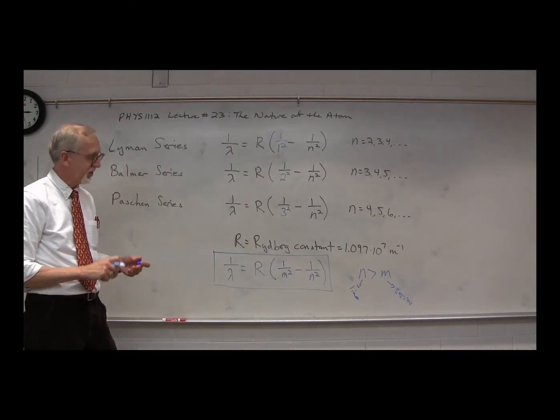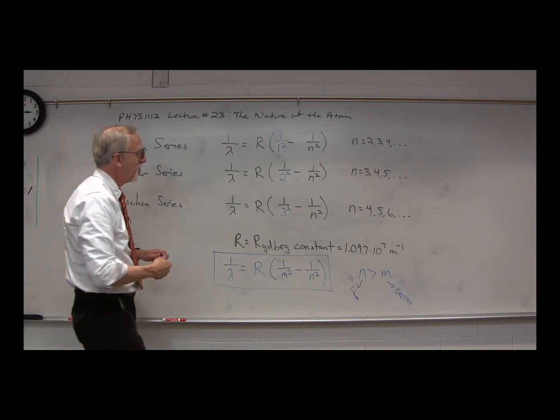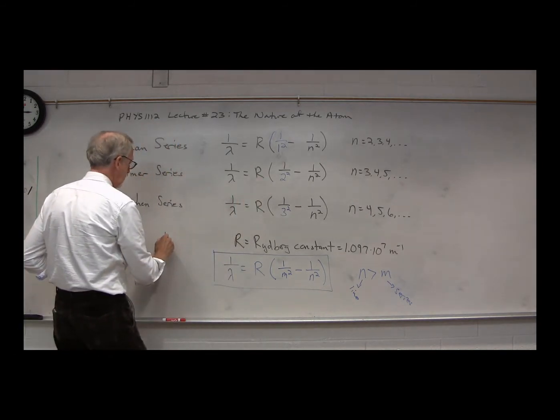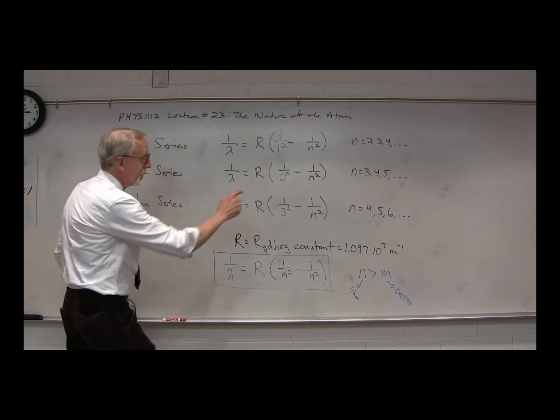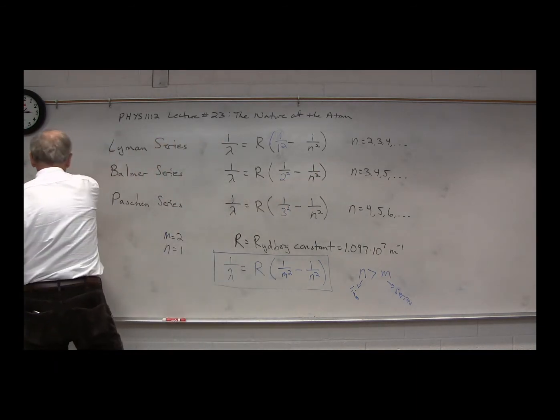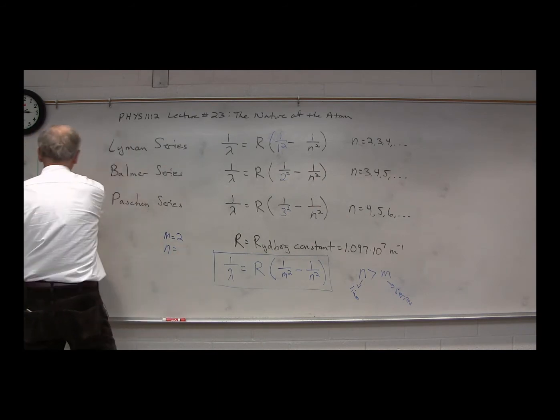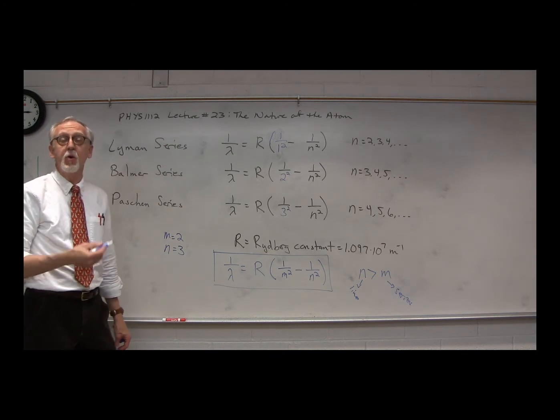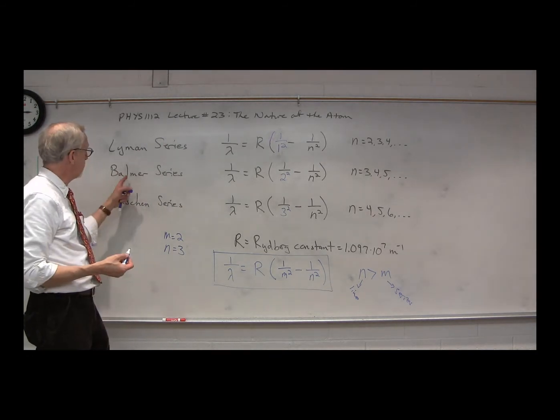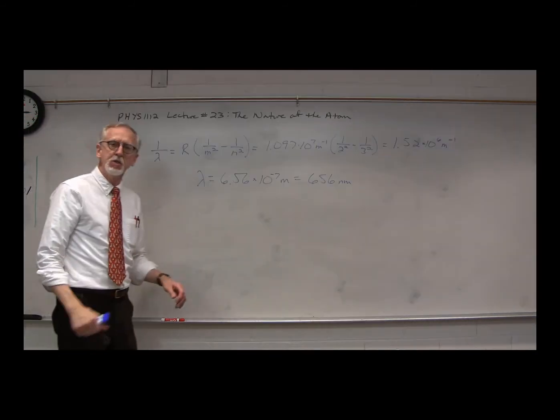Now let's stick some numbers in here. Let's let m equal 2 and n equal 3, and see if we get the wavelength for the red line in the Balmer series. So what do we find?